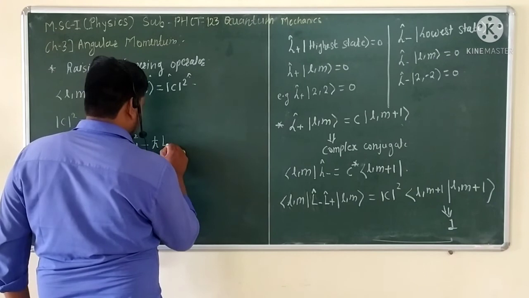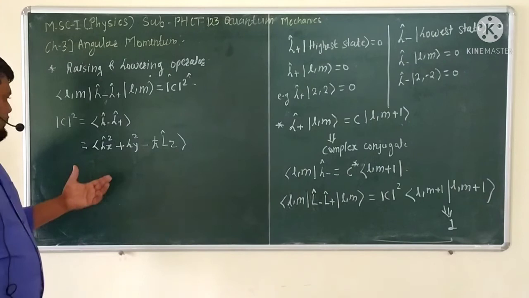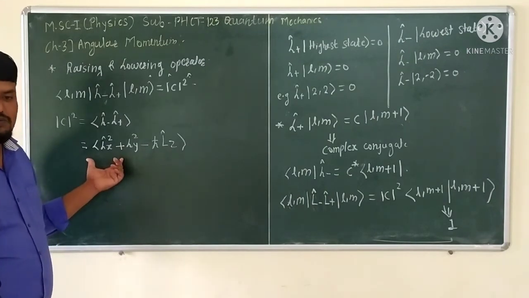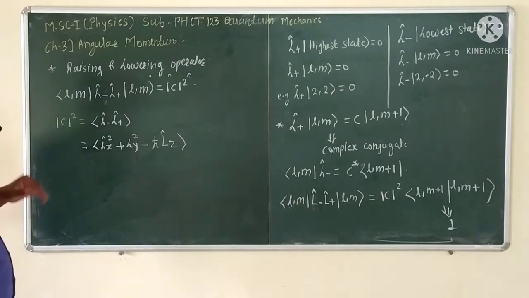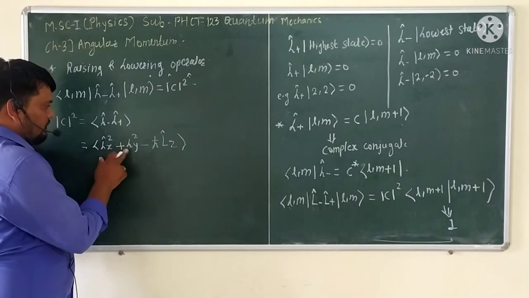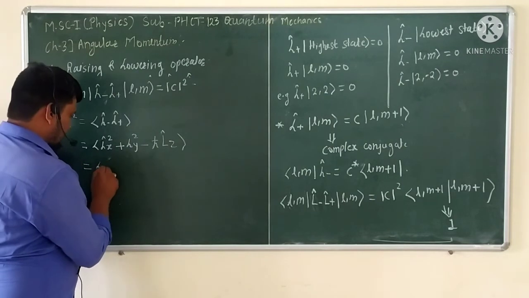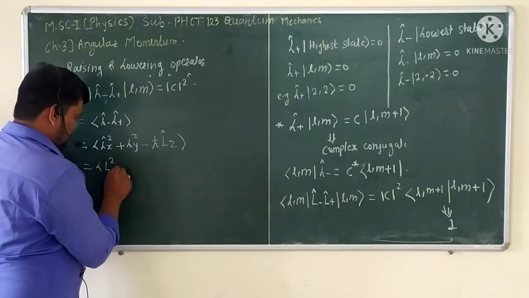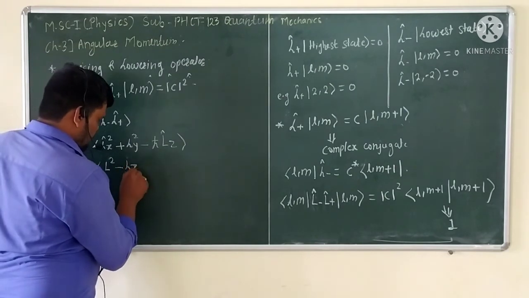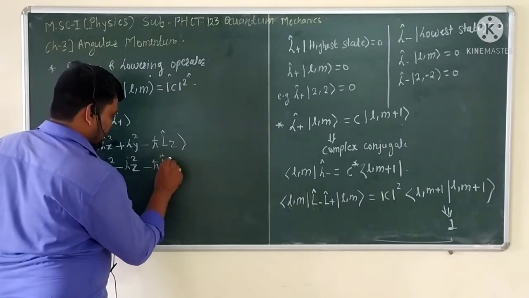Okay, and if we take the separate expectation value of this Lx square, Ly square and Lz, first of all you know that capital L square is nothing but Lx square plus Ly square plus Lz square. So this is written as L square minus Lz square, okay, and minus this h cross of Lz cap.